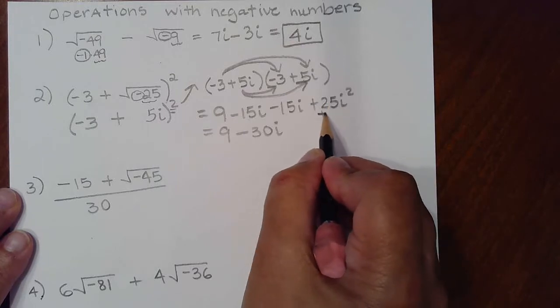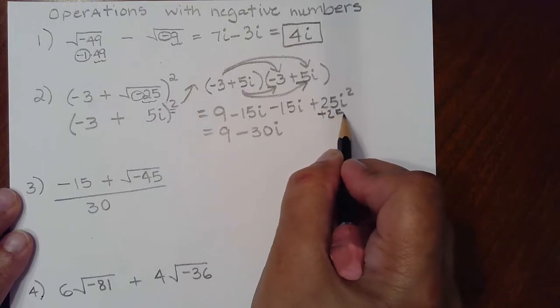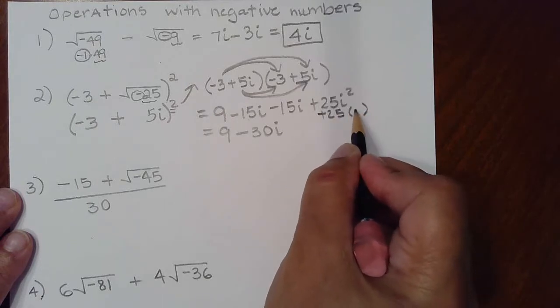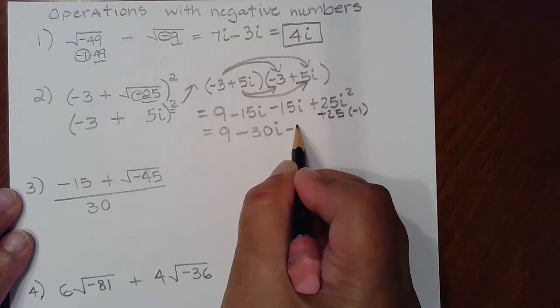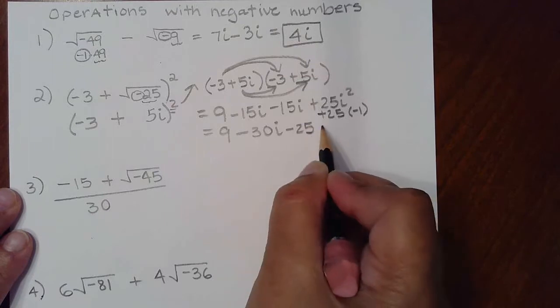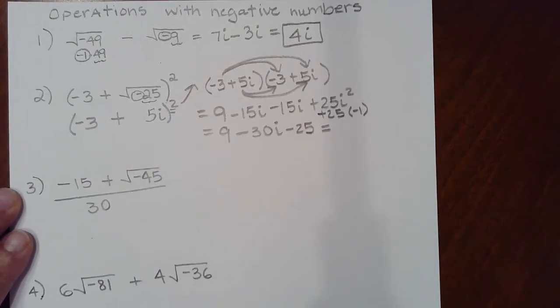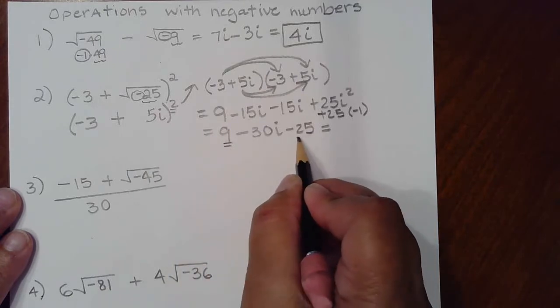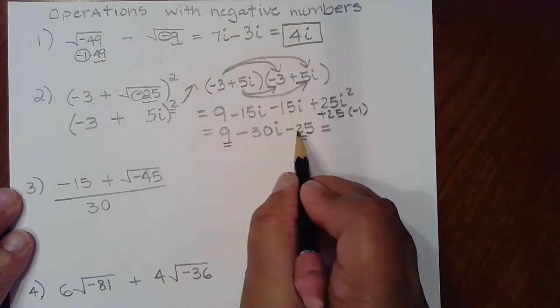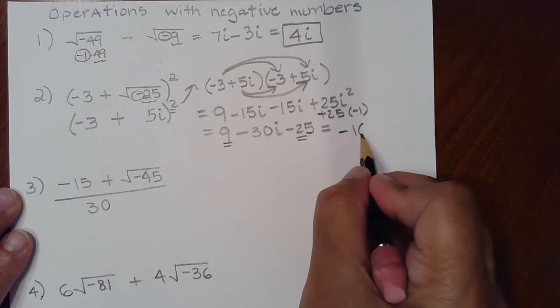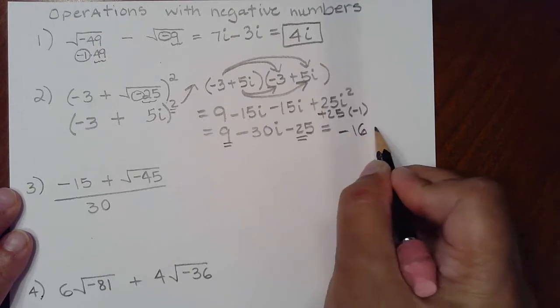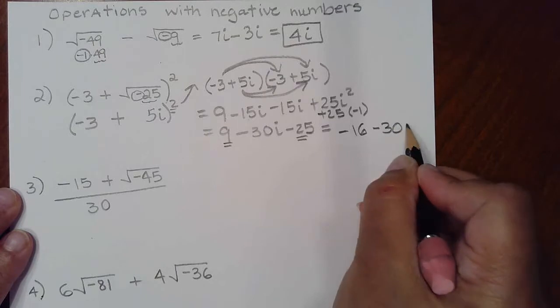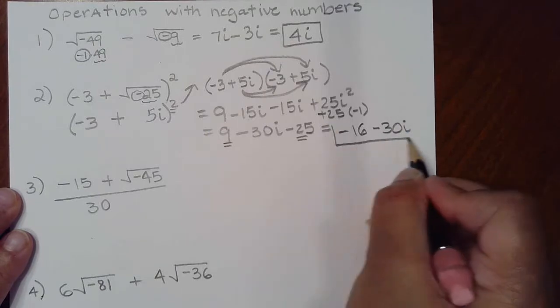So down here, you're really seeing 25 times I squared, but I squared is negative 1, so that last number is negative 25. And if you continue by combining the real number in the front with the real number in the back, you have 9 minus 25, which is negative 16, and then that negative 30I being the term in the middle.